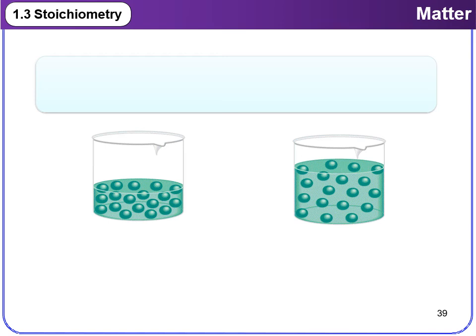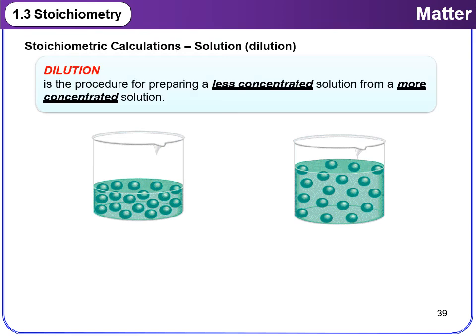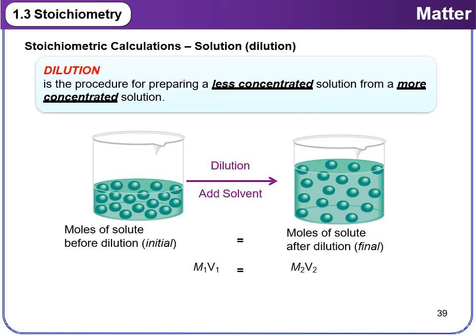The first one is dilution. In Bahasa we call it pencairan. Basically a dilution process can be done by adding the solvent. When you add the solvent, the number of mole of solute before dilution and after dilution still remains the same.